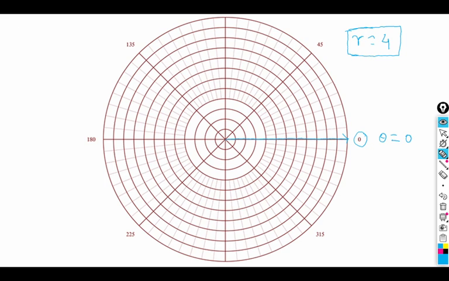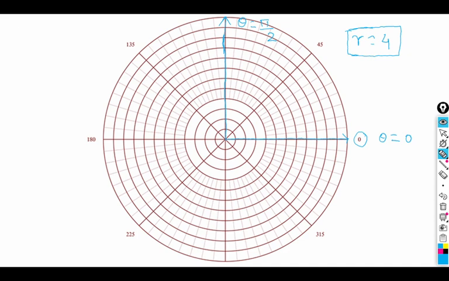Okay, you can say x-axis, but you should know the equation of the x-axis in polar, that is theta equal to 0. Theta equal to 0 is the equation of the positive x-axis in the polar graph, and the equation of the y-axis in the polar is theta equal to pi by 2. That is the line perpendicular to the initial line. This line is known as the line perpendicular to the initial line.